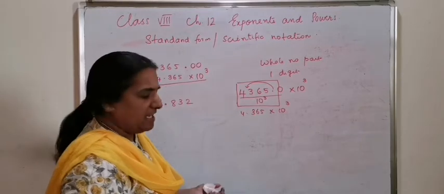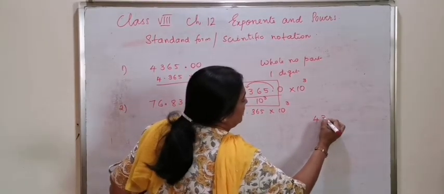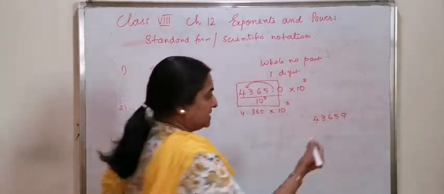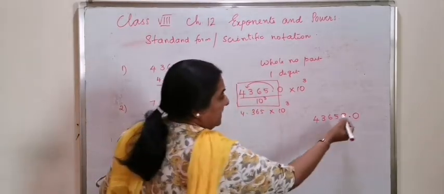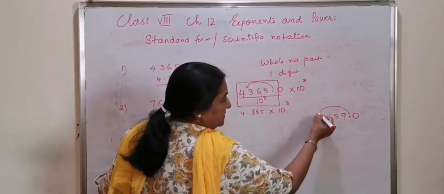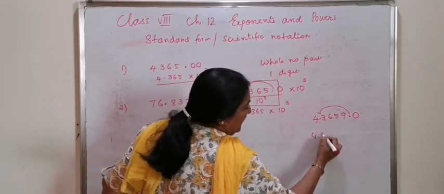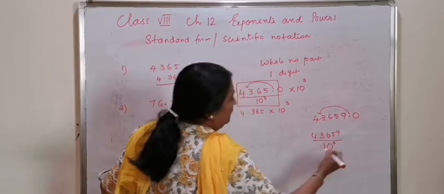So if you have any 5-digit number now as 43,659, the meaning is it is 43659.0. The decimal should be shifting till 4.3 here, that is 1, 2, 3, 4. For that, we have to divide by 10 to the power of 4.